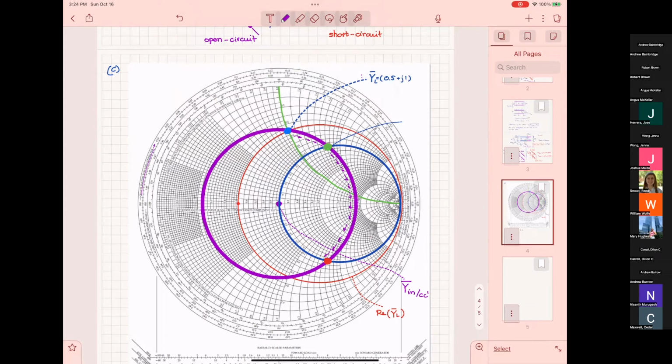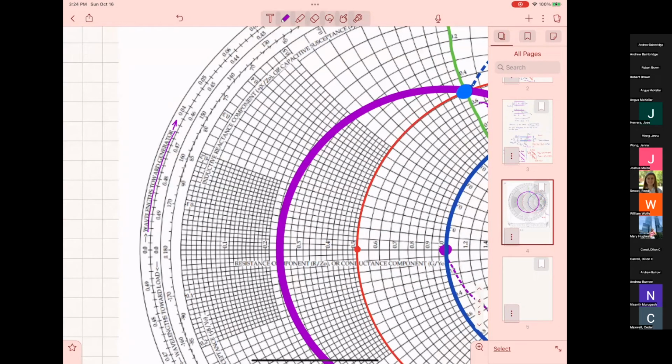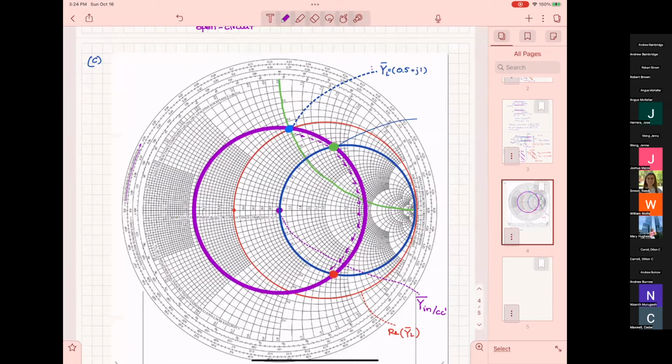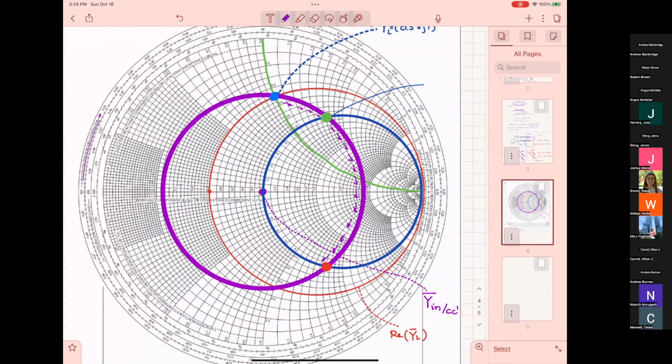Any questions so far? I have a quick question, just out of curiosity: there's no reason you would do this, but if you went counterclockwise, the other direction, what would happen? It's forbidden. If you go towards the load, but we never go towards the load here. For our problems, we always move clockwise.